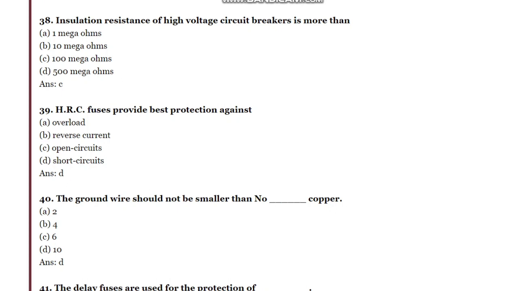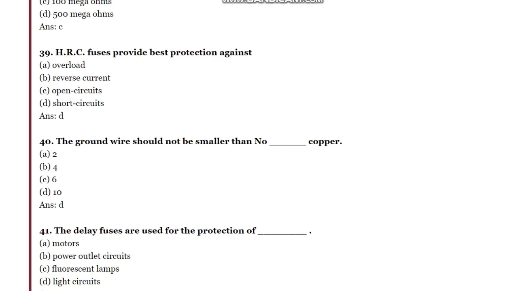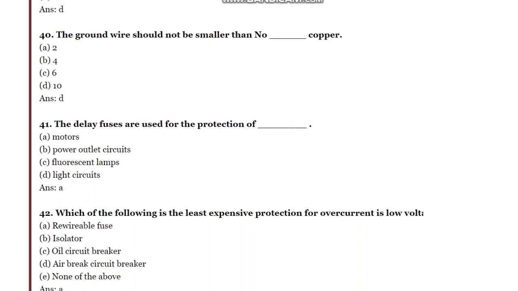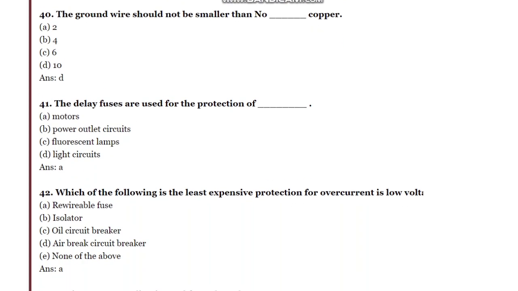HRC fuses provide the best protection against short circuits. Question number 40: the ground wire should not be smaller than dash copper, that is 10 copper. Then question number 41: the delay fuses are used for protection of motors.